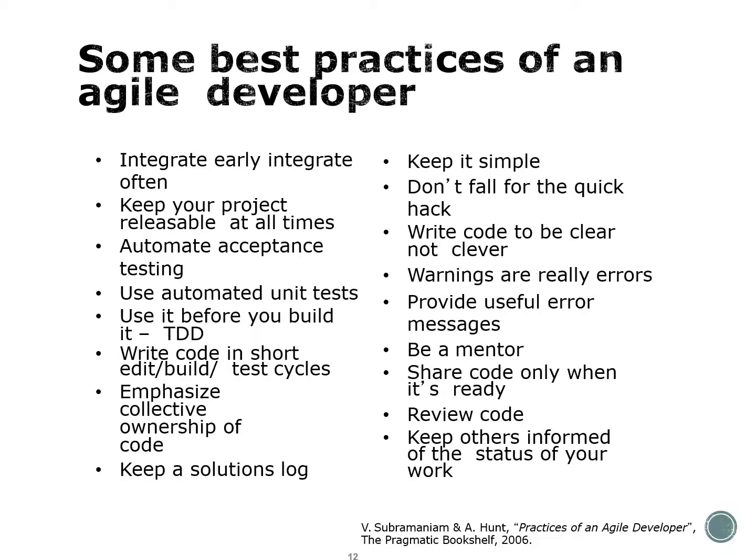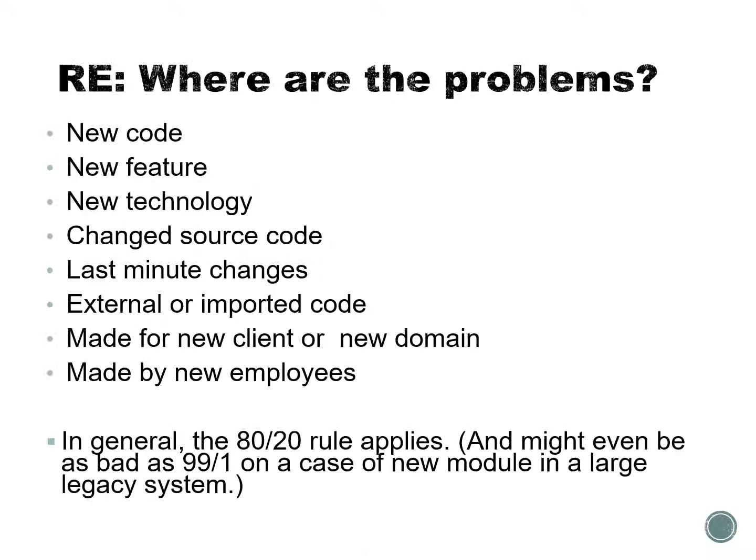So what works in the development of software also tends to work in the maintenance of software. And the best practices of agile developers, or the checklists of where the different problems are, or how to use version control effectively, are all very important also in the maintenance cycle.